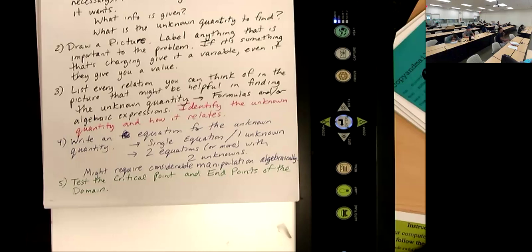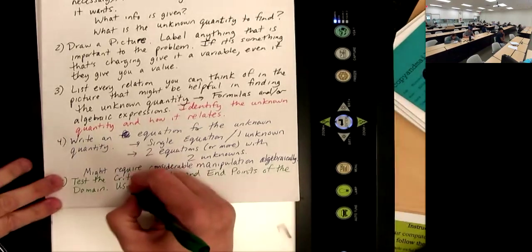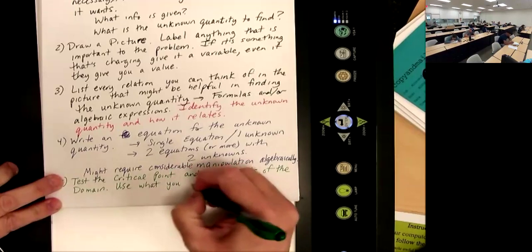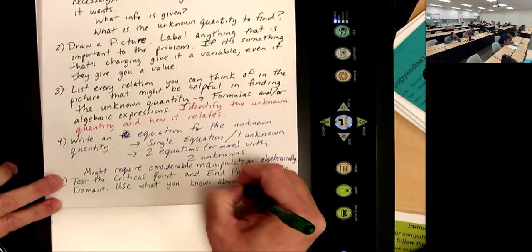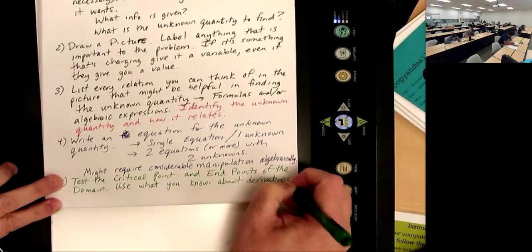So the domain could be -5 to 5 or negative infinity to infinity, 1 to 10. Use what you know about the derivatives to help identify maxes or mins.